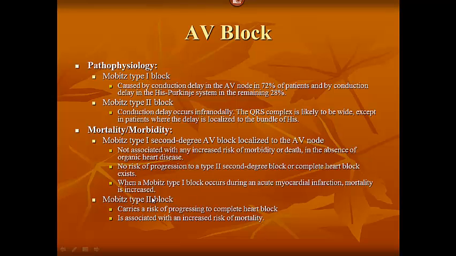Now, the AV block type 2 has a higher risk of progressing to a complete heart block. So this patient has to be monitored in the ICU, expecting that they will obtain a pacemaker as well. They have a higher risk for acute myocardial infarction, so the mortality will be higher.